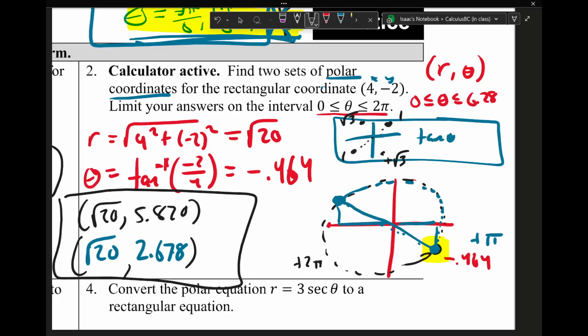Okay, so there's 2 possible answers. But yes, you could have also tried to make r negative. If you'd done that carefully, there's probably a way to do that.